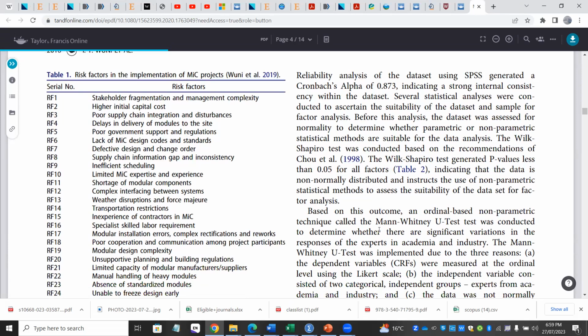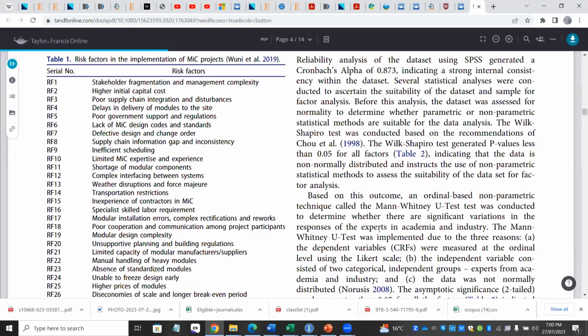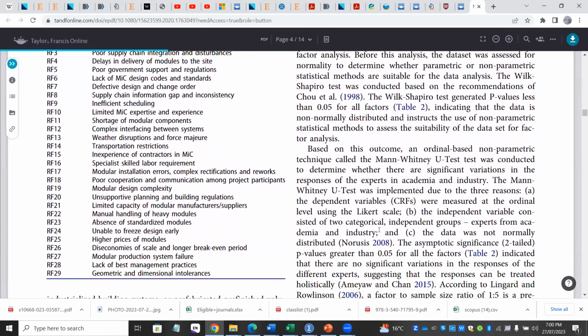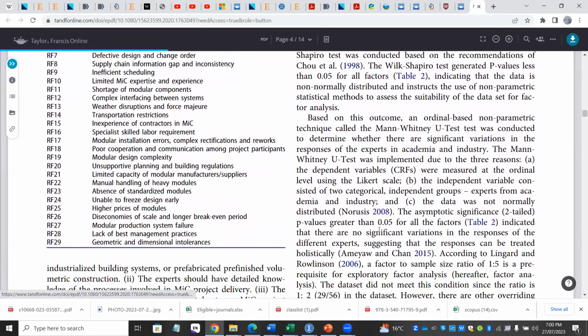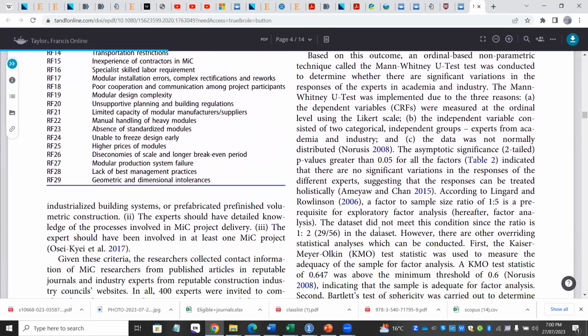If you are comparing two groups and the data set is not normally distributed, then it's good to go for what we call the Mann-Whitney U test. If you are comparing more than two, then you have to go for the Kruskal-Wallis test. Okay, so this has been done, and the explanation given.